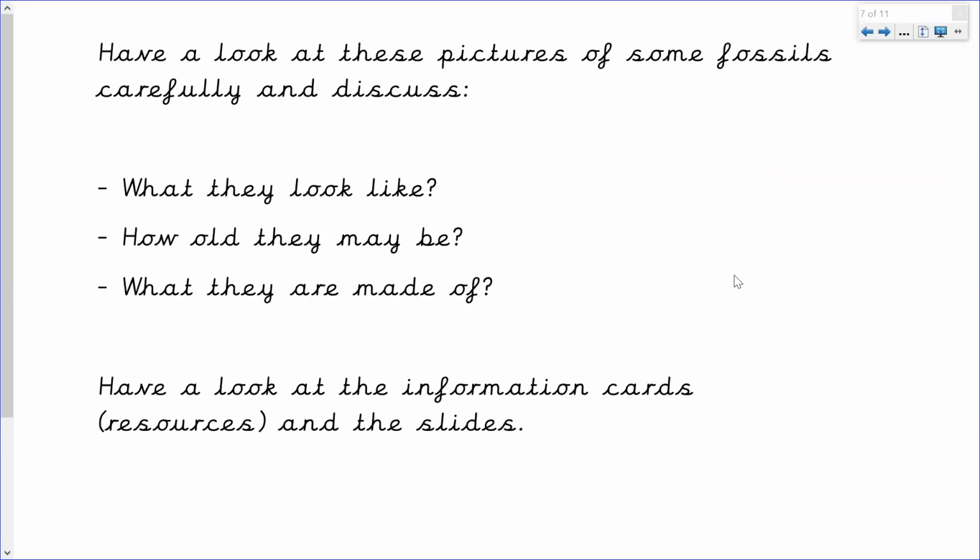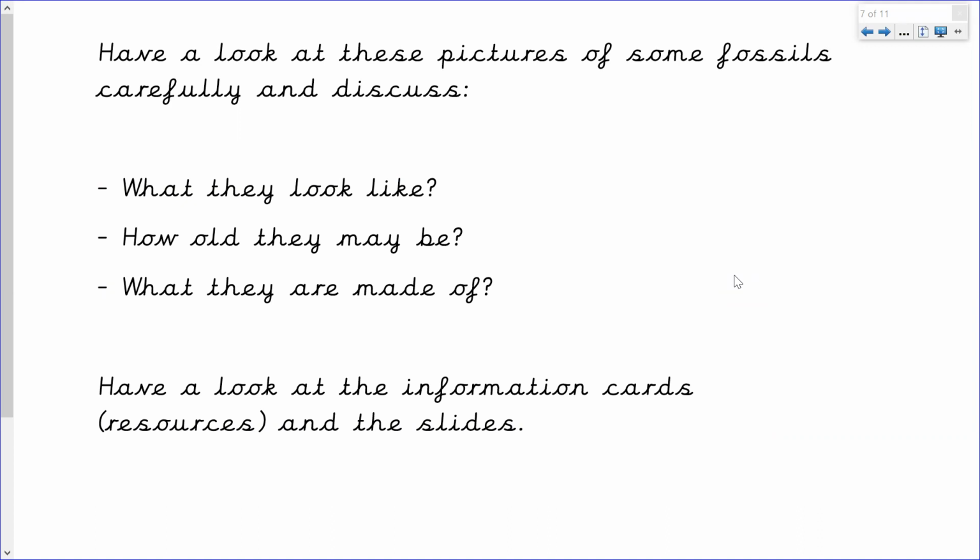Great. So, do you remember last lesson we watched this short video on fossils? I want you to pause my video, and I want you to re-watch this short film on fossils. Have a look at these pictures of some fossils carefully and discuss. So you should have been given a fossil information sheet.